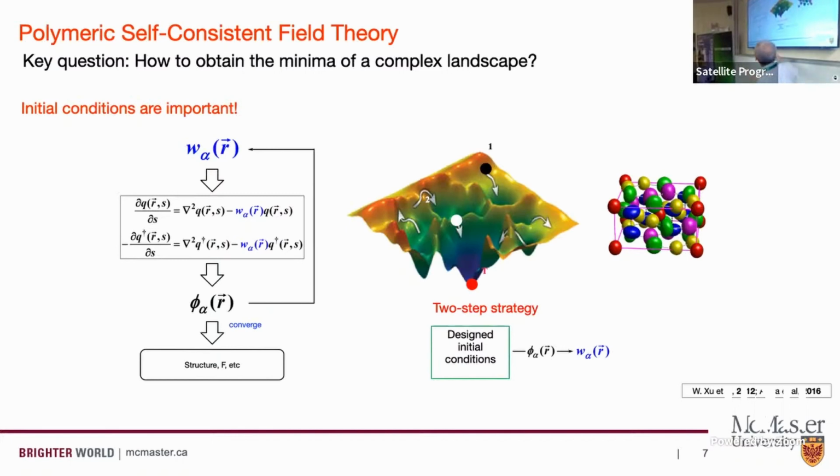So what we do is two things. One is that if we want to discover new phases, then we just design all sorts of different initial conditions and see what we get. On the other hand, if we want to construct a phase diagram and do detailed comparison, then we can use designed initial conditions to find the solution corresponding to the structure we want.